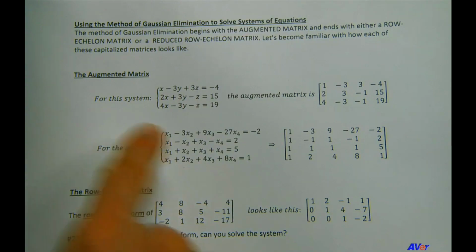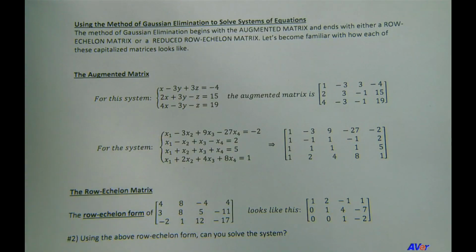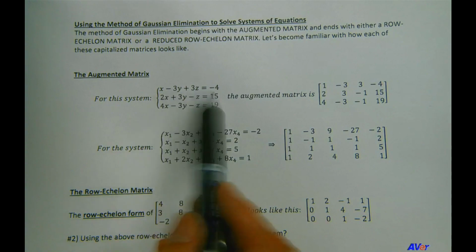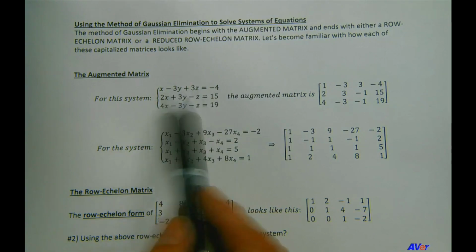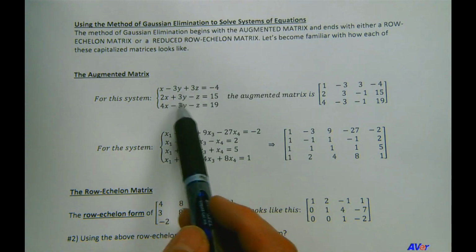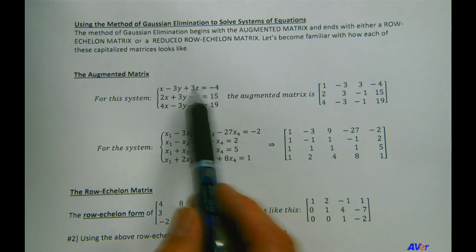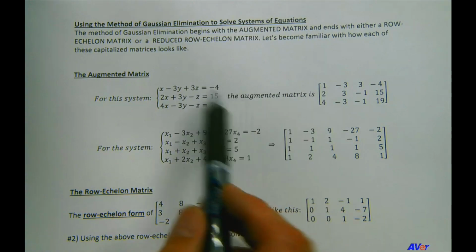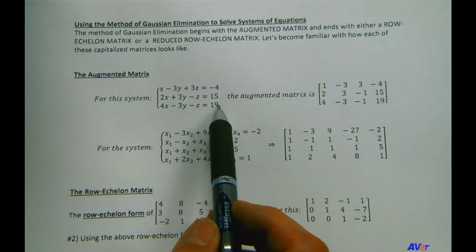But remember, still x, y, and z must be ordered in the proper order. So x, y, z, and x, y, z, right? These variables still have to be in order, and even though we're going to use their coefficients, the right side should be just constant.